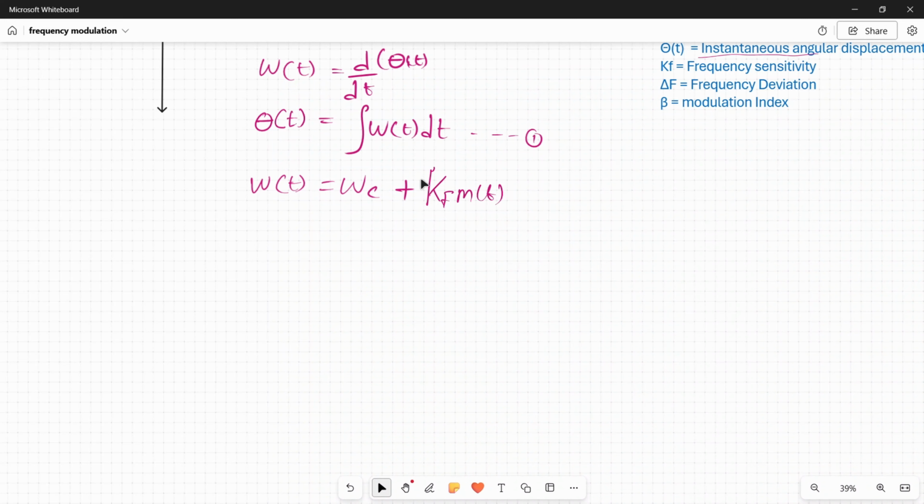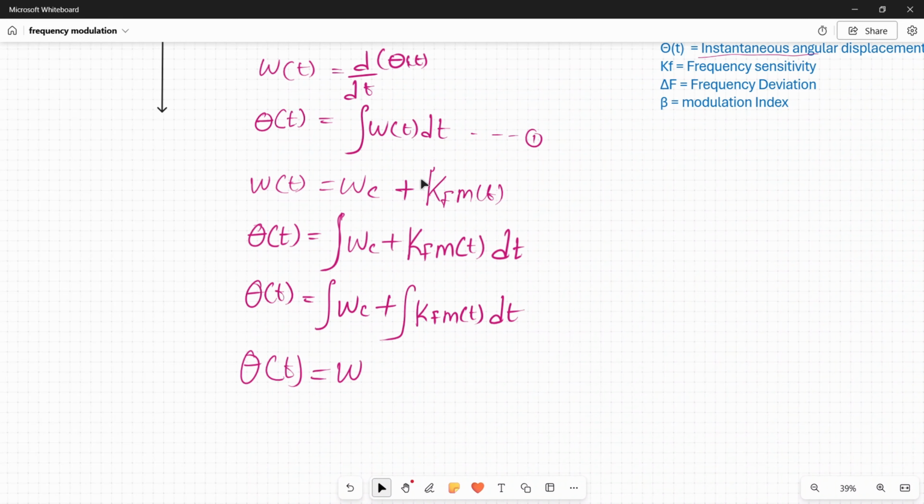So our phase is equal to the integral of. Now we already know what our message signal is, so we're just going to find the integral of our message signal and then plug it back in this equation.